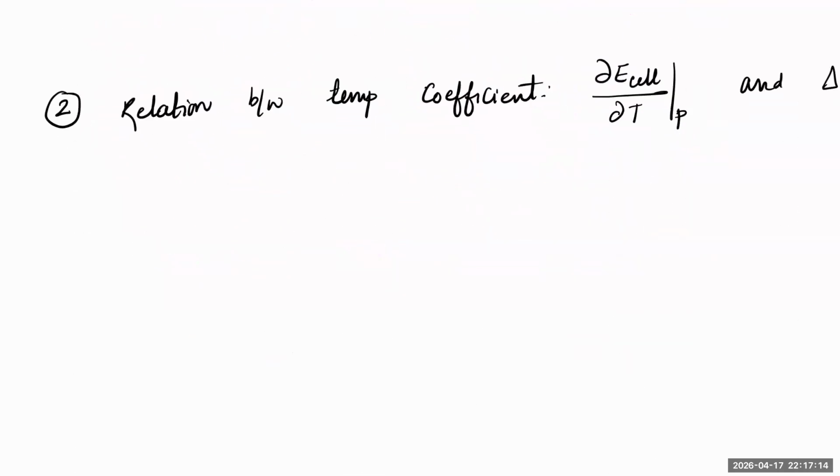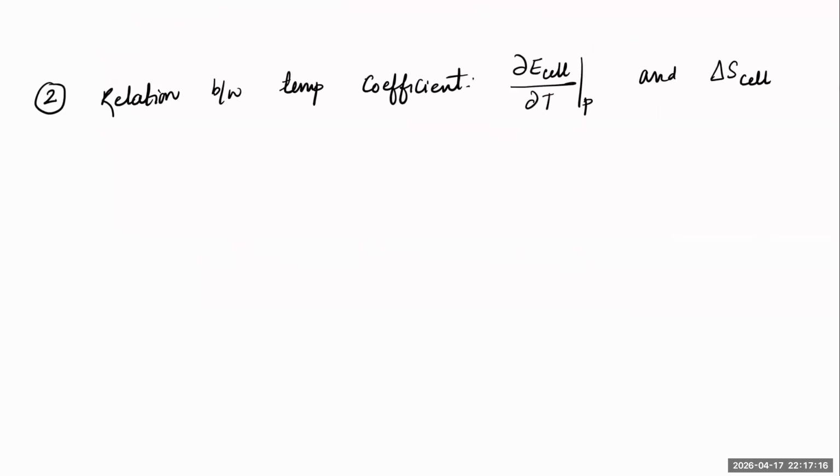Second thing we need to derive is the relation between temperature coefficient and delta S of the cell, that is the entropy change of the cell. See, temperature coefficient means the amount by which E cell changes with respect to temperature at constant pressure. This is called the temperature coefficient.